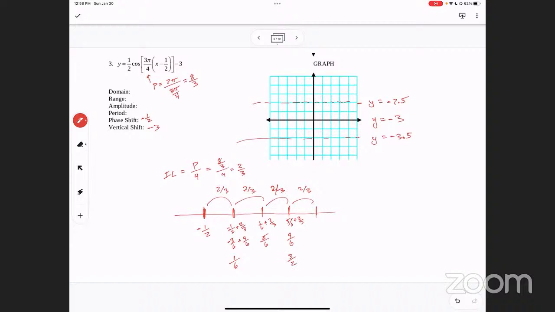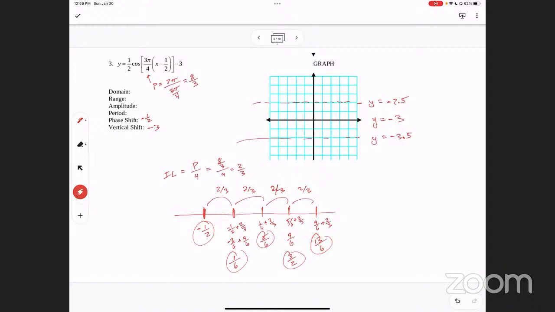And then I'm adding 2/3 again to 9/6, which gives me 13/6. So here are my intervals. Got it? And let's check to make sure we did this right. We find this distance, and that total distance better be 8/3.